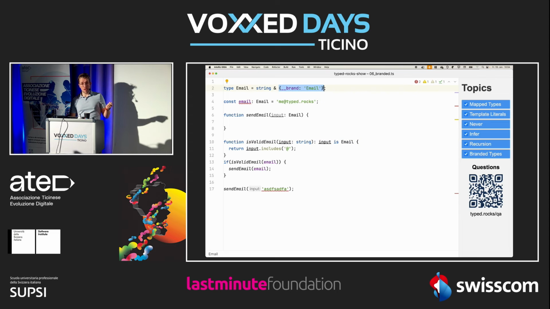Of course it does not, but as long as nobody tells TypeScript this, it believes us that this is really an email, that this is a string and an object. And the cool part about this is that because we cannot create such a composition in JavaScript or TypeScript, the only way to achieve that this is an email is by really calling it through such a type guard, or by using an assert.